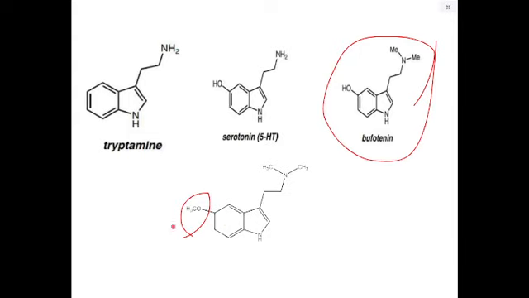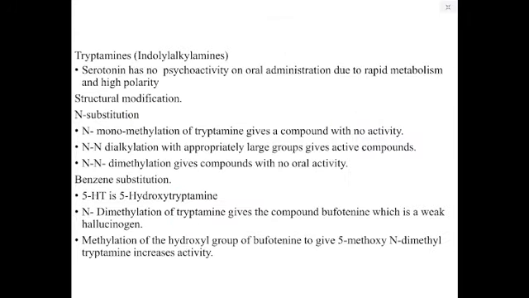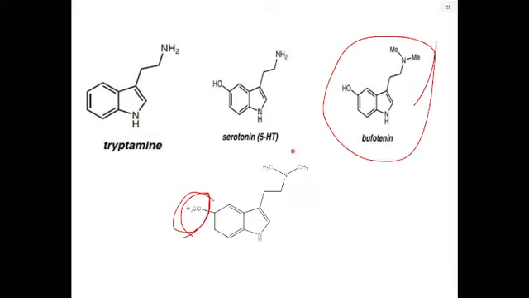When you name the whole compound, you say methoxy, and then the other one is N-dimethyl, and then you can call it tryptamine, because you've already said what has been done at the terminal nitrogen and what has been done at the hydroxyl group, which is at position number 5.